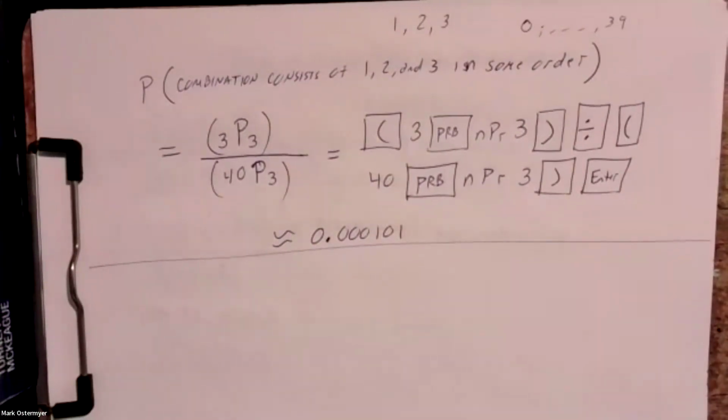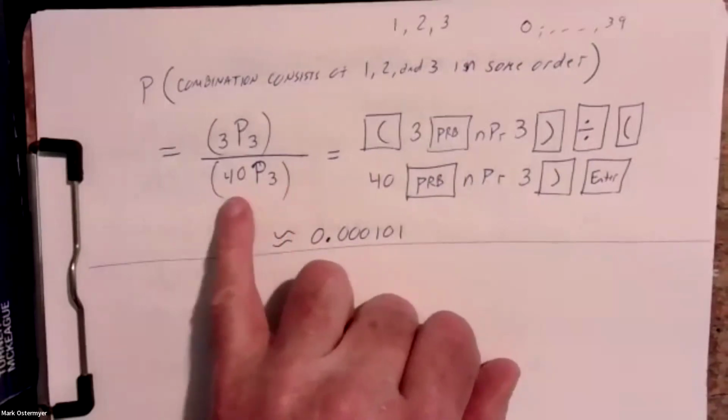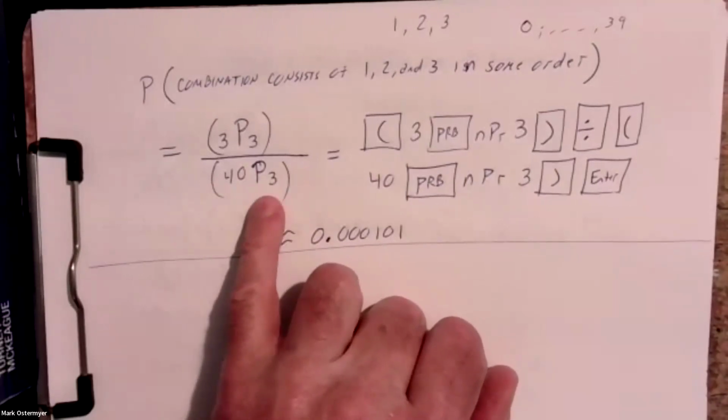All right. Now, notice that this did not allow for repeats in our numbers, 40 permuted 3 ways here.